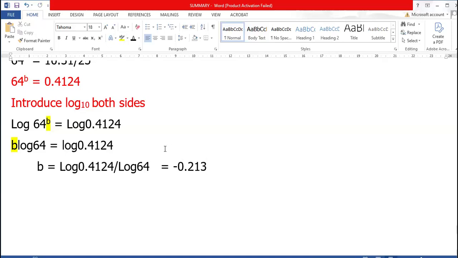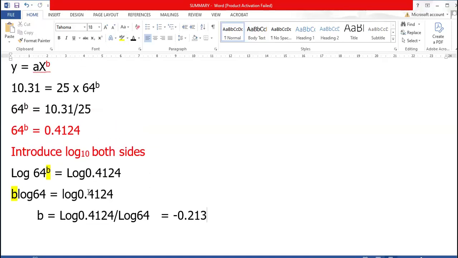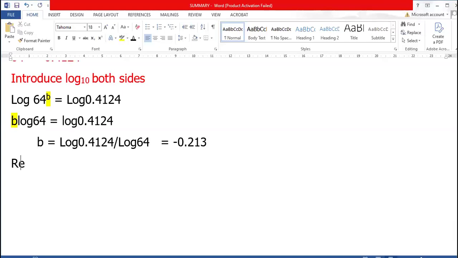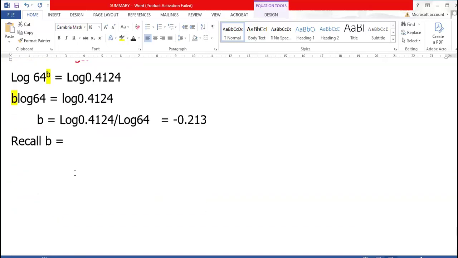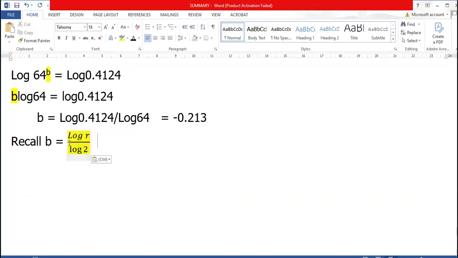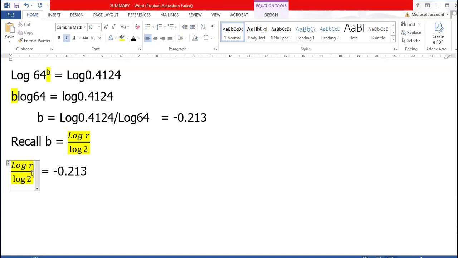So you have B, but recall that B is equal to this one. You need R. So you have B, so it means that this one will be equal to negative 0.213.